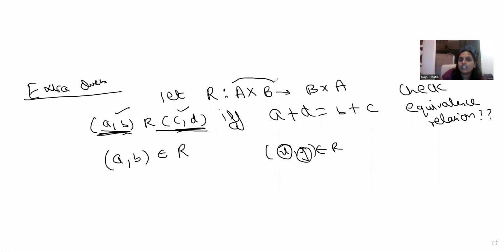Why? Because this set is A cross B, and any element of A cross B is of the form (A, B).